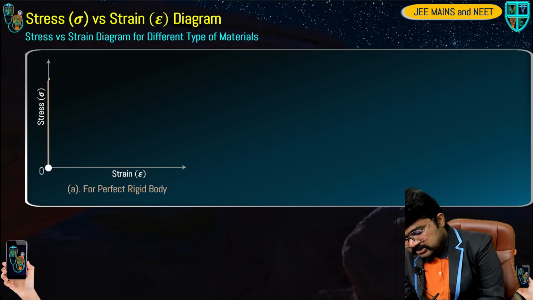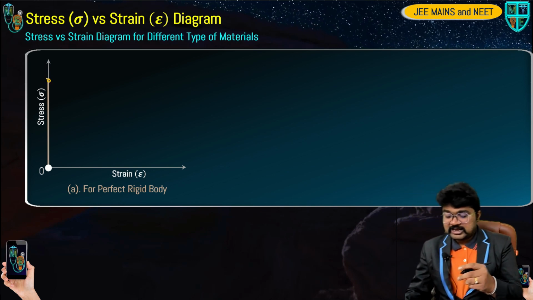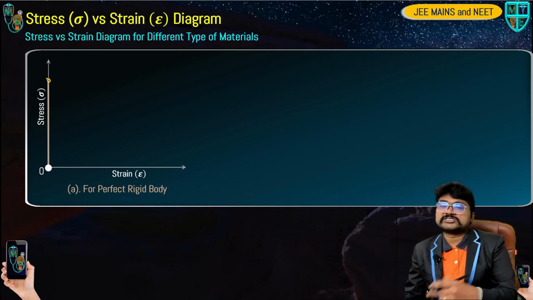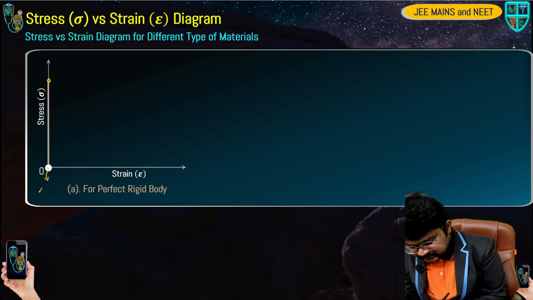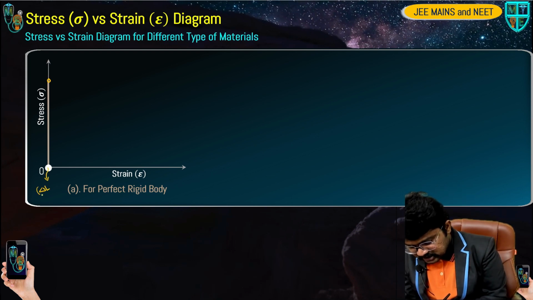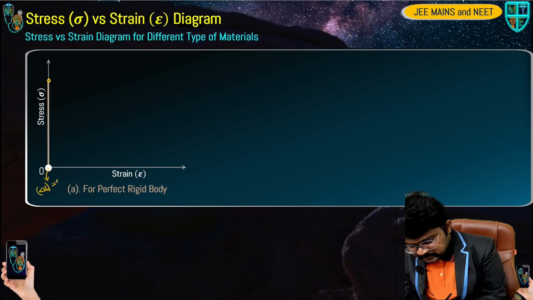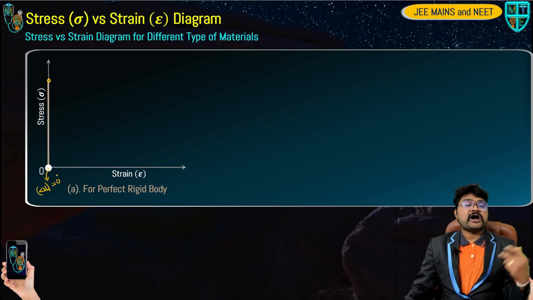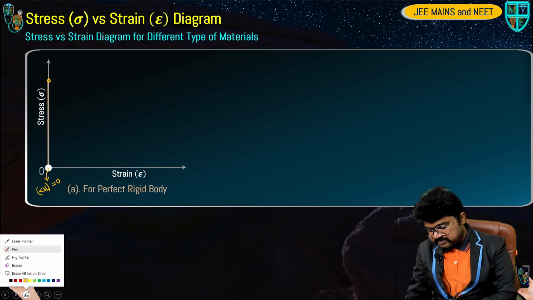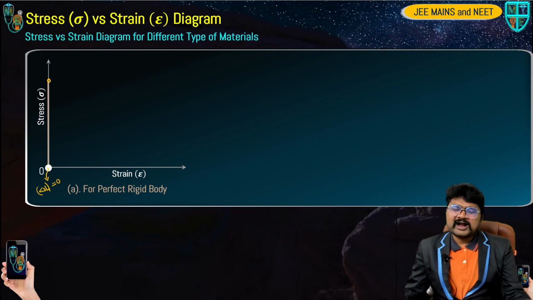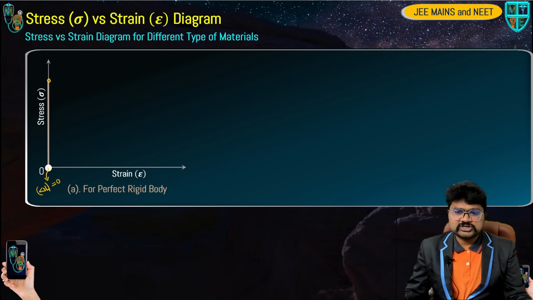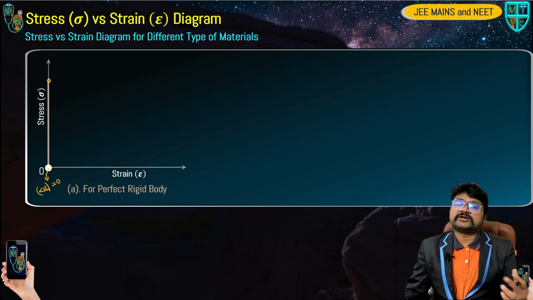That is why you get a line along the stress axis. Deformation is zero, delta L equals zero. For any amount of load, deformation is zero. It is negligible deformation, approximately equal to zero. That is the perfect rigid body.